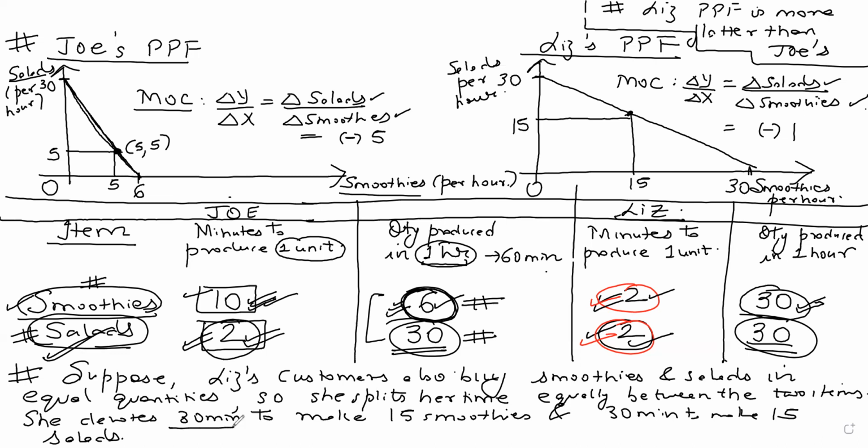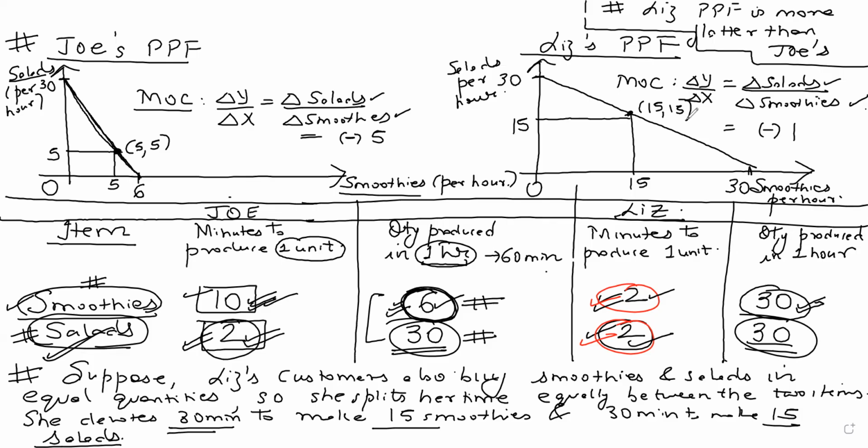Exactly 30 minutes she will spend on making smoothies. She makes one smoothie in 2 minutes. In 30 minutes, she can make 15 smoothies. Similarly, it's the same for salads. She takes 2 minutes to make one salad. In 30 minutes, she can make 15 salads. So her point is going to be 15 comma 15.